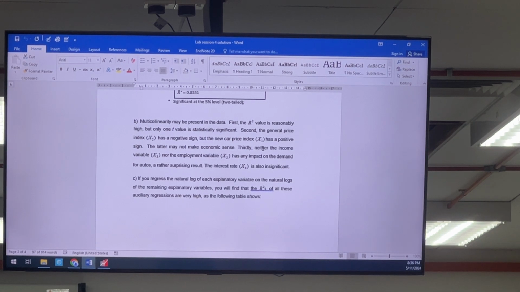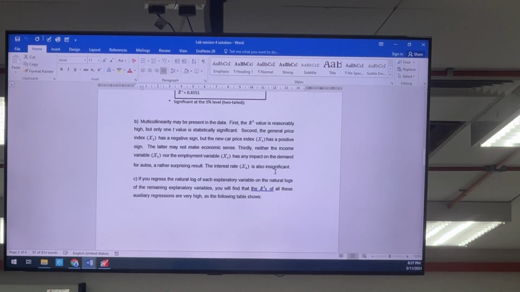Thirdly, neither the income variable X3 nor the employed variable X5 has any impact on the demand because they are not significant, which is a surprising result. The interest rate is also insignificant. So those are the symptoms of a multicollinearity problem.